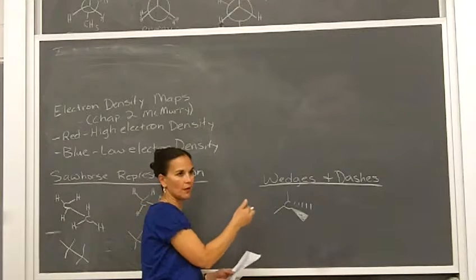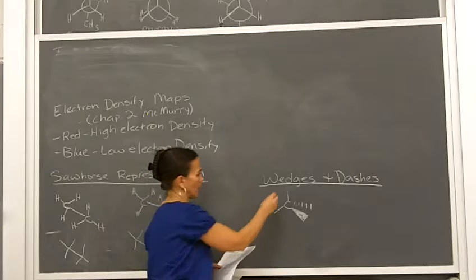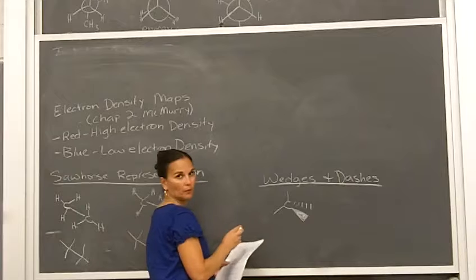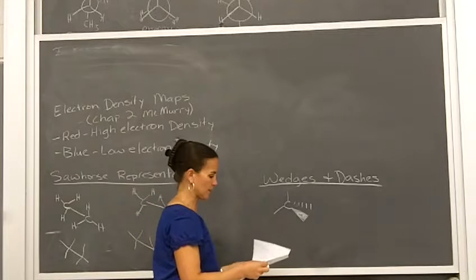The dash is what's going into the paper or the board. And what is just the straight line, remember, is in the plane of the paper or the board. Okay? So we'll use some of that this week.